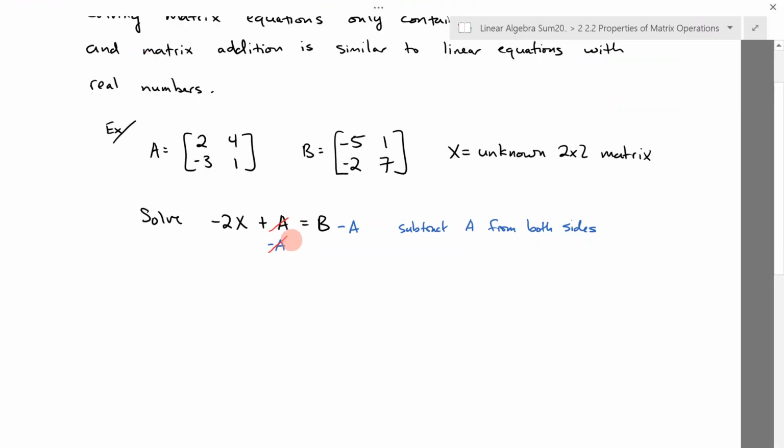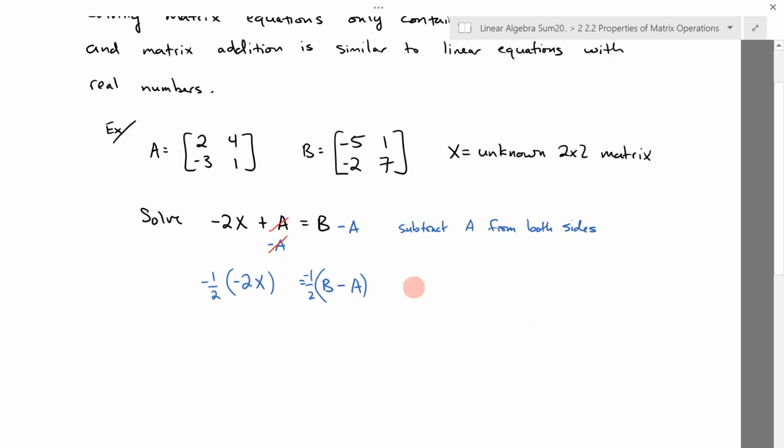Right, so that'll cancel this A out. And what's left is minus 2X on the left is equal to B minus A. And then now I need to cancel the constant multiple by taking the multiplicative inverse, which is the reciprocal, minus 1/2.